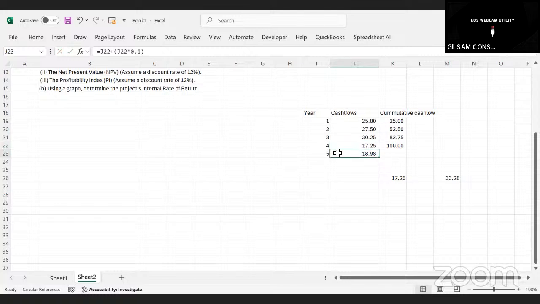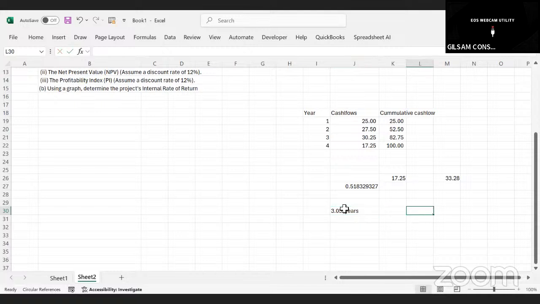So this one will be 17.25. We don't need this one. So I can now get the fraction of this, which I will divide 17.25 by 33.28, which will give us how many years? So it will give us 0.5. So now our payback period will be 3 years, 0.052 years.